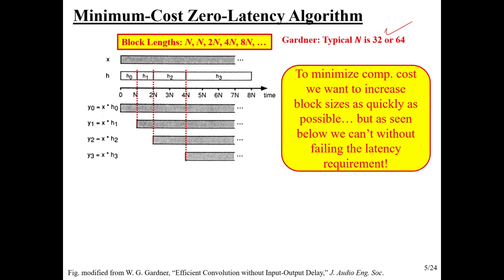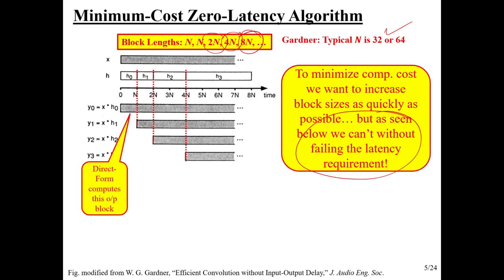But the idea is this grows very fast. And we'd like to have it grow even faster than that because it will reduce the amount of complexity that we need. But we can't go any faster than this, as we'll see. So here's the idea.